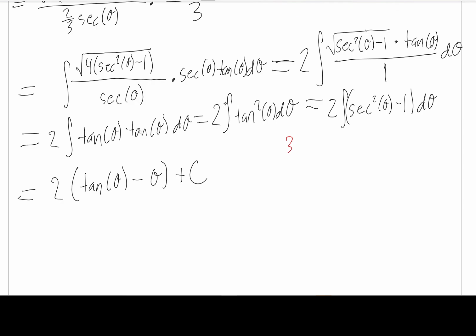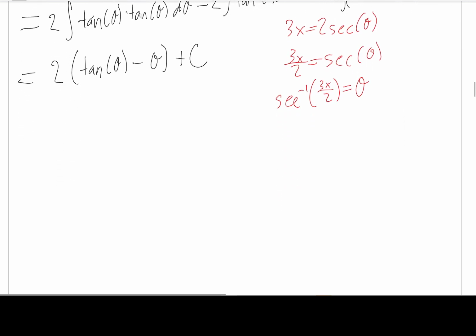So we have 3x equals 2 secant theta, which means that 3x over 2 is equal to secant theta, which means that secant inverse of 3x over 2 is equal to theta. And so that'll give me a nice picture.